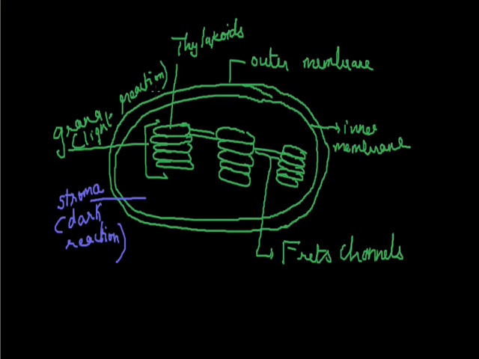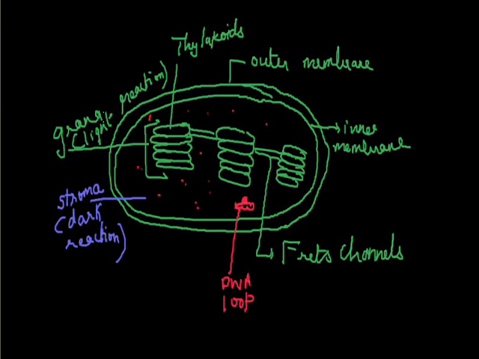Inside the stroma there are various substances like the ribosomes, a loop of DNA, and as the chloroplasts contain their own DNA and ribosomes, they can synthesize some of their enzymes themselves. So they are called semi-autonomous organelles.